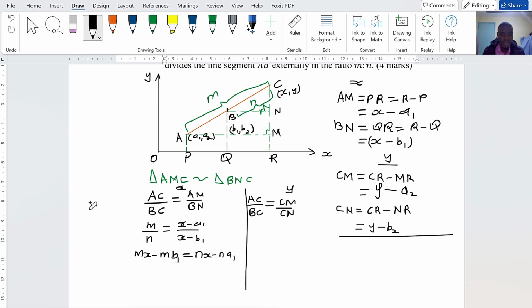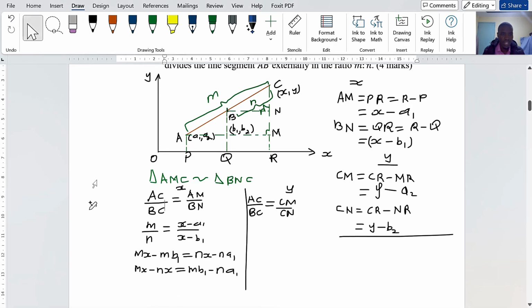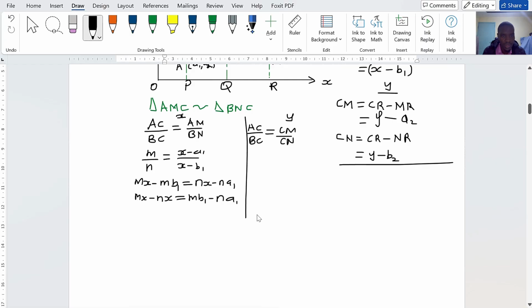Now collect X together. This comes this side and this comes the other side. When NX comes this side, we'll have MX minus NX. Now on the other side, if we take negative MB1 crossing the equal sign, it will become positive MB1 minus NA1. Good. Now let's proceed.